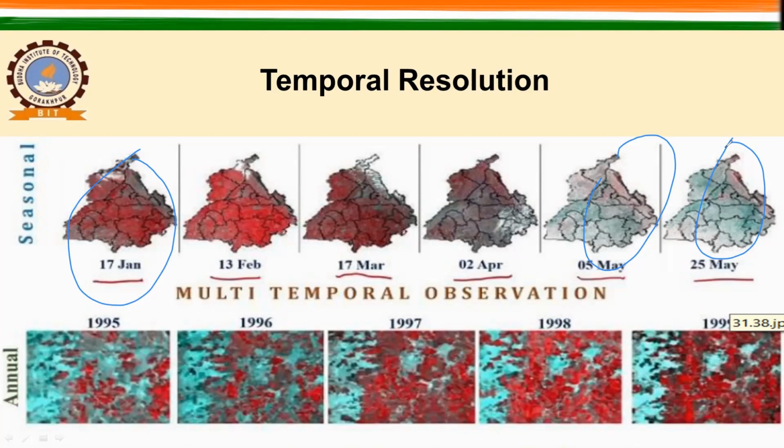Okay, so every year the same area has been monitored using the satellite data, and you can easily find out the vegetation changes, right? So this is about the temporal resolution. Here you can easily see that we have taken 1995, 1996, 1997, 1998, 1999.